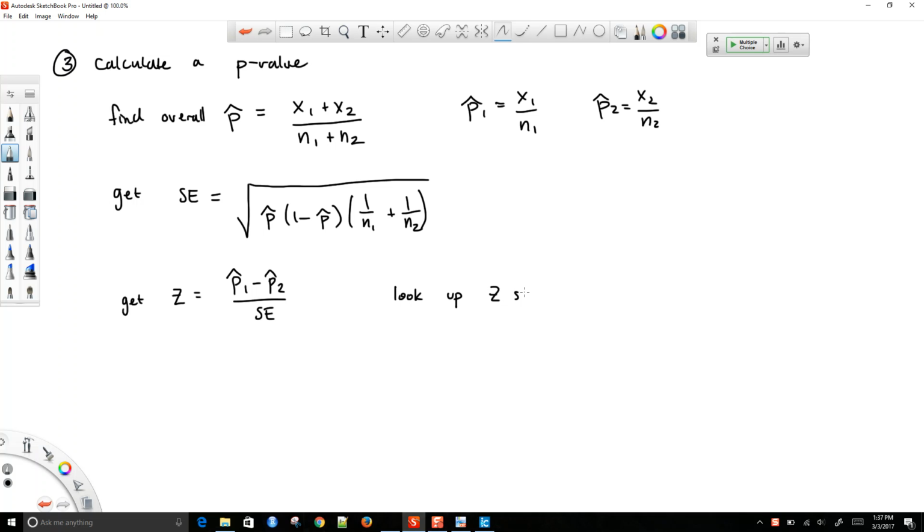If the alternative has a greater than, you're going to the right. Alternative has a less than, you're going to the left. Alternative has a not equal, 2 times the tail area. Okay, I don't have to rewrite all that down, right? So look up the z-score to get a p-value. Use the same rules as last time.